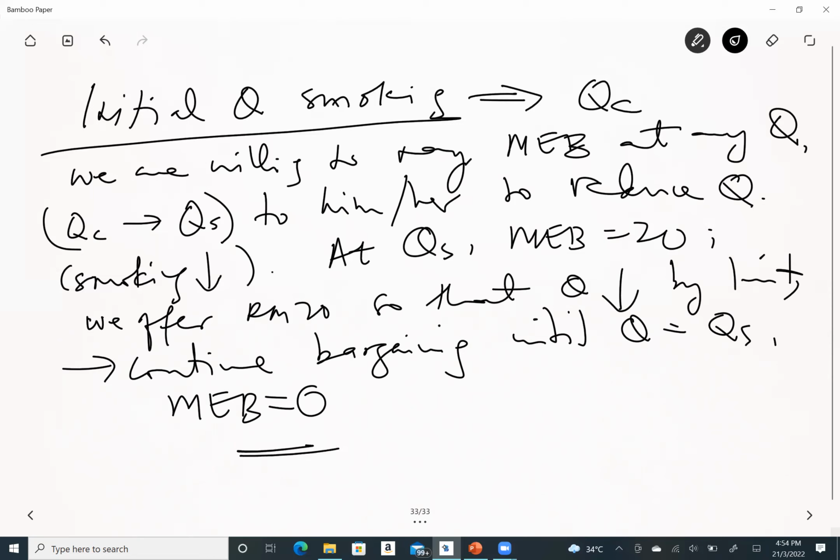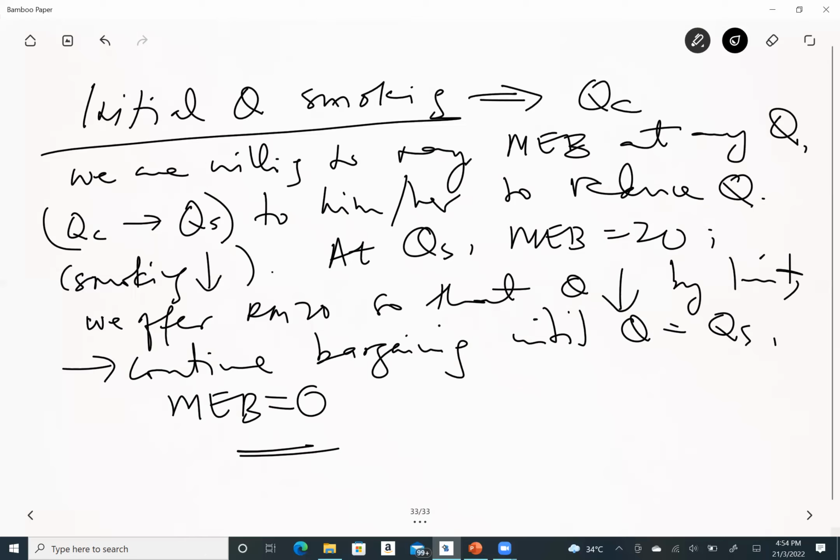There's no more additional benefit, so you stop bargaining because there is nothing more to give. Our marginal external benefit is already 0. That's how you bargain.